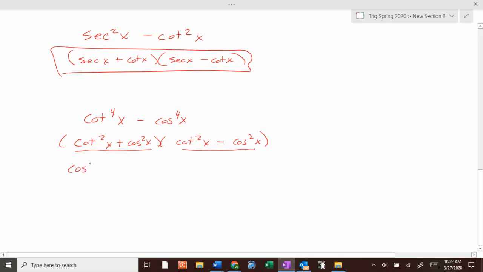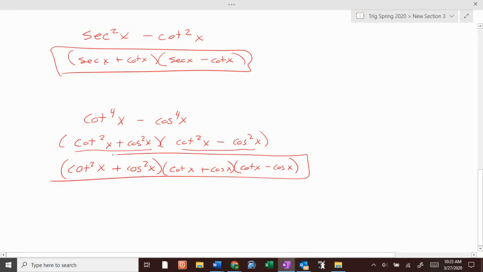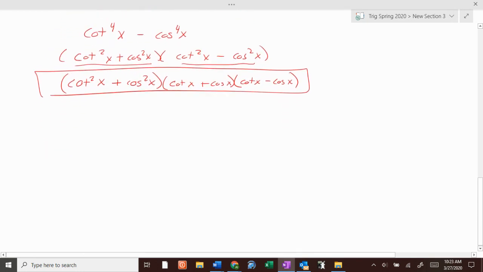So we write down cotangent squared of x, not cosine, Mr. Bierschbach, cotangent, plus cosine squared of x. We write this down, and then this one we factor. Cotangent of x, plus, minus, cosine of x, cosine of x. That's the final answer. So if it's to the fourth, be careful. You might have to do one extra step.